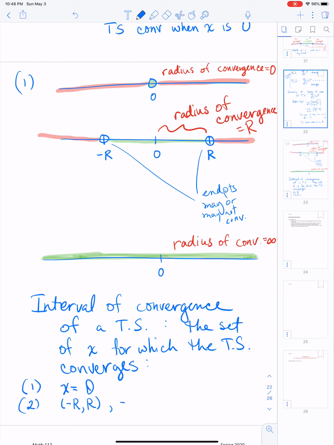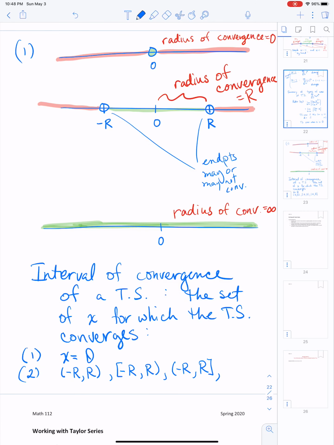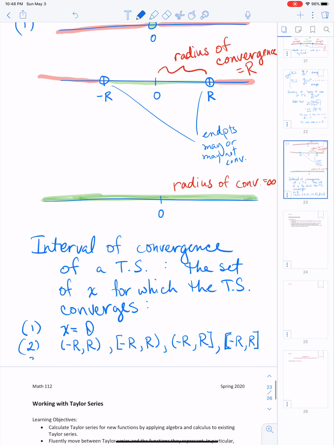It could include the left endpoint but not the right. It could include the right endpoint but not the left, and it could include both endpoints, minus r to r.